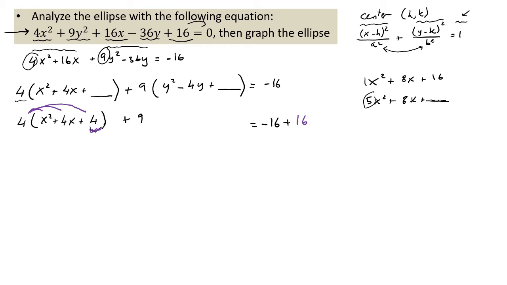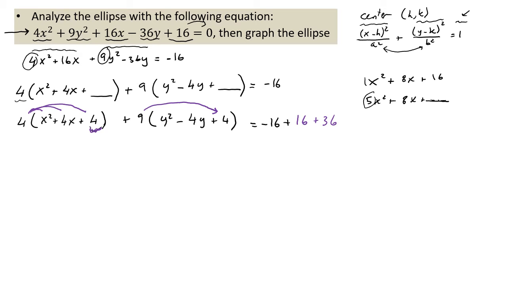Plus, let's do the y. So y squared minus 4y. Also, we need to add a 4 to complete the square, but exactly the same concept here. We didn't just add a 4 on the left-hand side, we added 9 times 4, so we added a 36. And that's what we have to add here to the right-hand side.